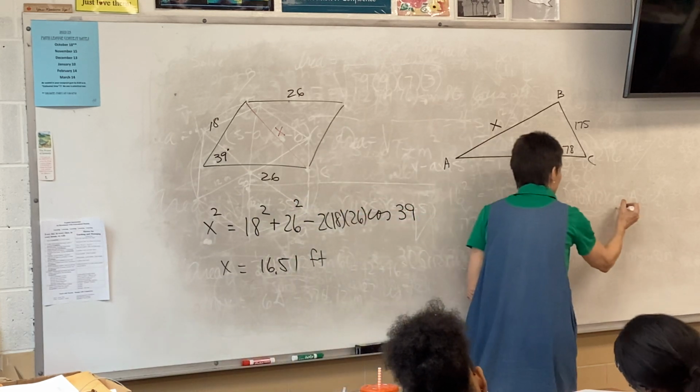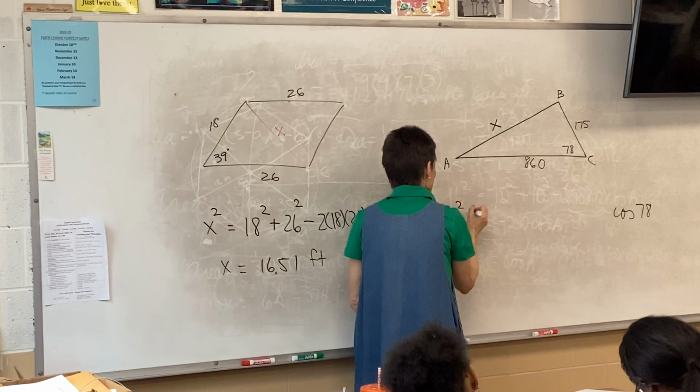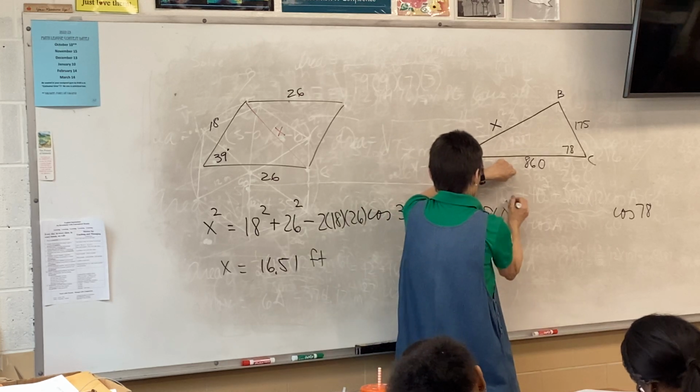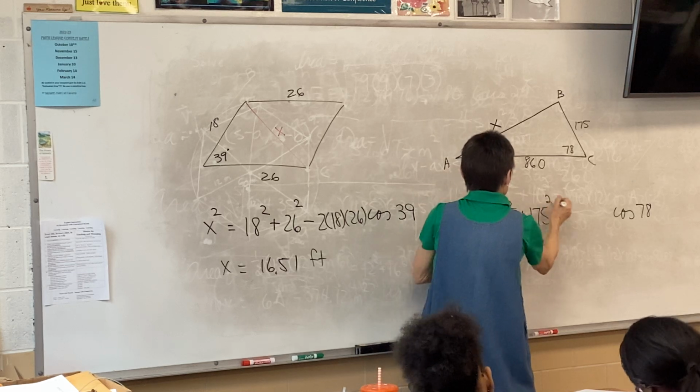Out here will be cosine 78. Here will be x squared. What will be in the middle here? 860 squared plus 175 squared, minus 2 times 860 times 175 times cosine 78.